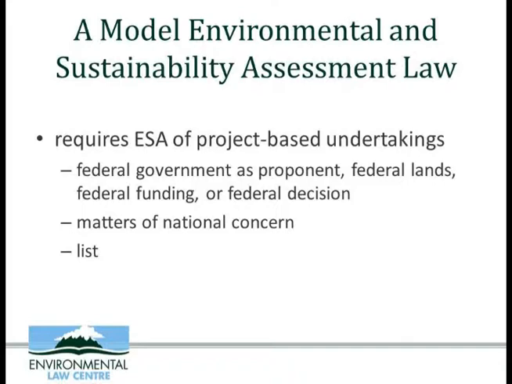For example, a project that's going to contribute X tons of greenhouse gases to Canada's climate would have to be looked at. So the list doesn't have to just contain project descriptions. It could also include descriptions of impacts that we want to look at as a matter of concern federally.